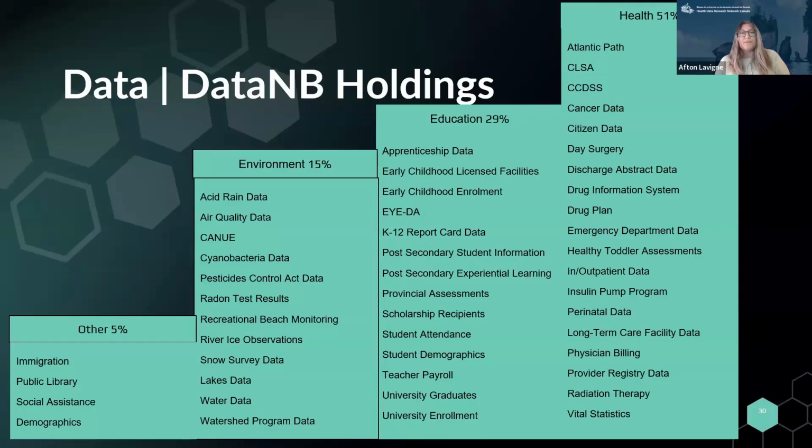We have also worked with the Department of Environment and Local Government to transfer some impactful environmental data. Data from CNU and the New Brunswick Research and Productivity Council round out this category. In the other category, we find very rich data, including demographics and immigration, social assistance, and the New Brunswick Public Library System. Next slide.